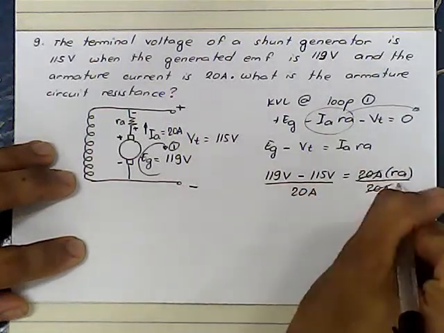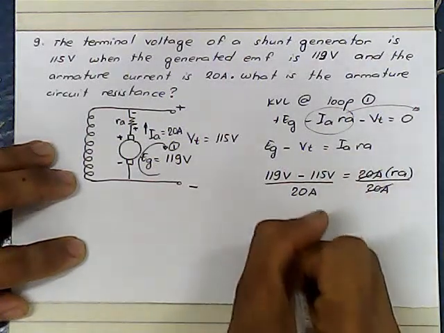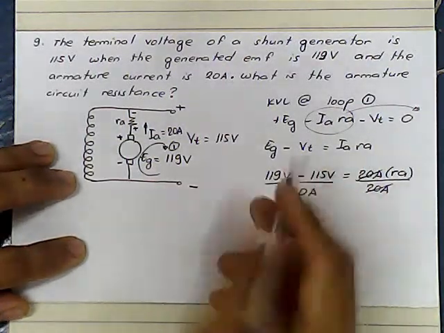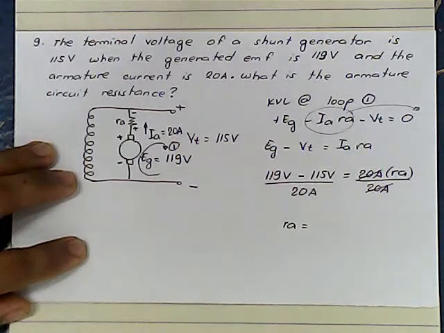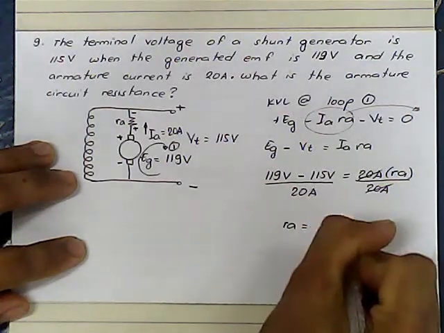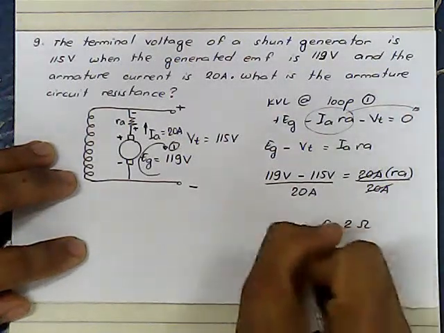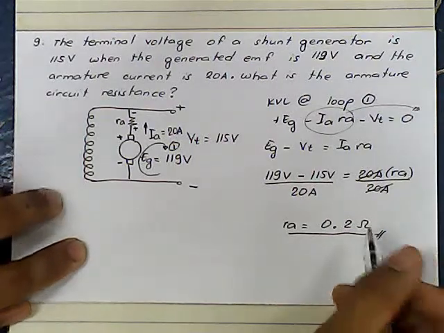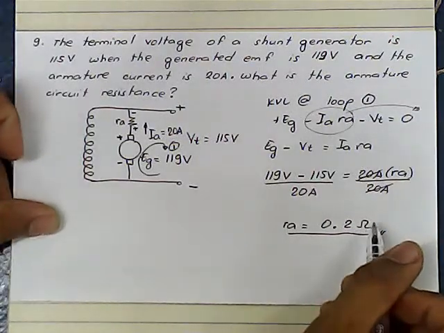So, cancel out na dito. Ang maiwan po dito is the RA. Ngayon, tignan natin. 119 minus 115, that will give us 4 volts divided by 20 amperes. This will give us 0.2 ohms.